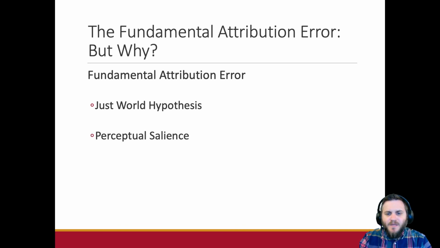Another reason is perceptual salience. So we're gathering information from our senses. We see somebody do something. The elements of the environment that readily capture our attention, these are the salient things, seemingly are more likely to be causally important.